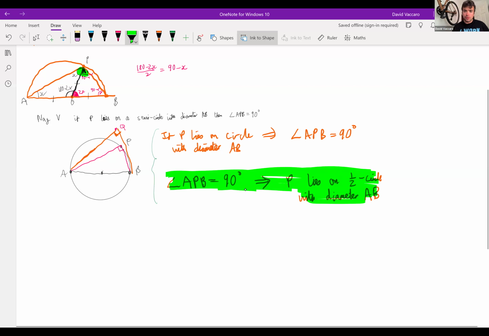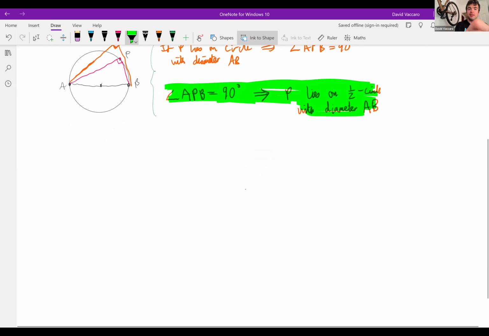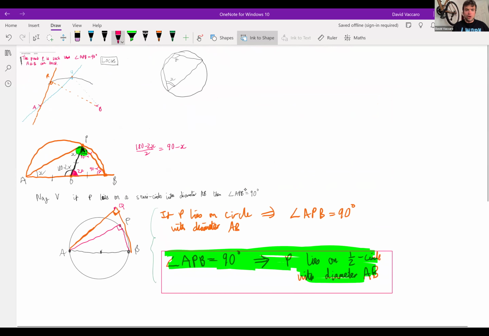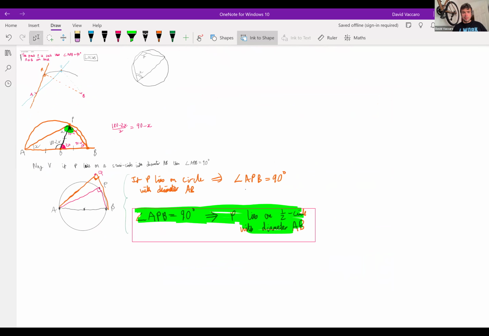Okay, so how do we prove the argument in the other direction? Okay, so there's lots and lots of different proofs, but I'm going to give one which has a nice trick that physicists use a lot, because I know a lot of you are budding physicists.